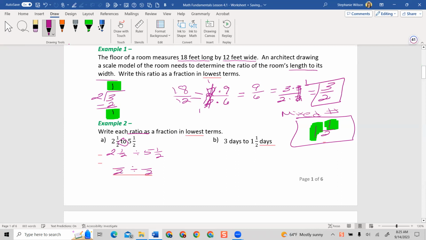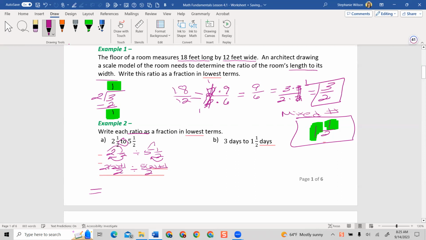To find the new numerator, I'm going to say the denominator times the whole number plus the numerator. Denominator times the whole number plus the numerator. All right.